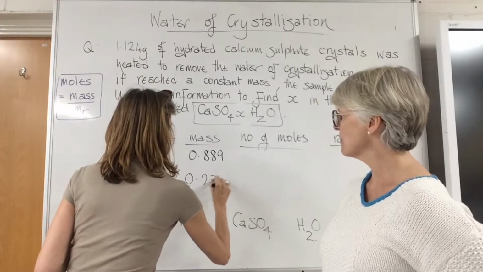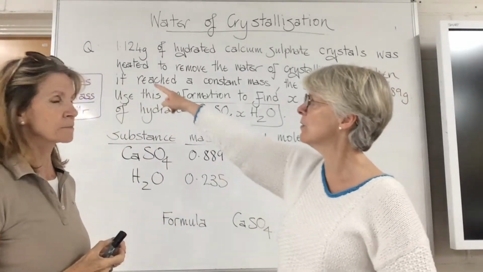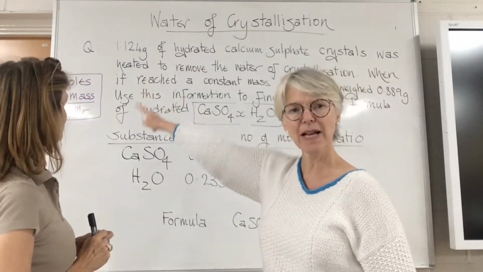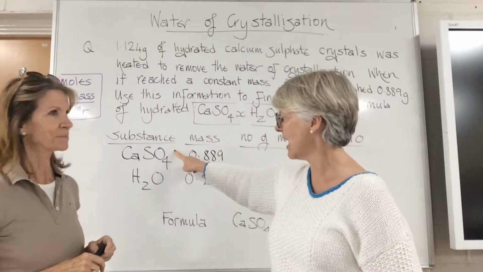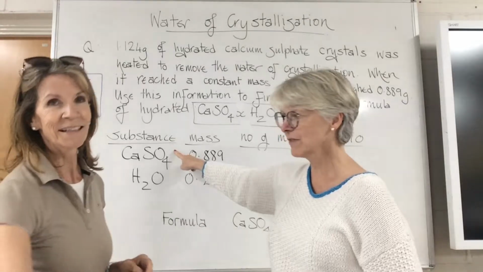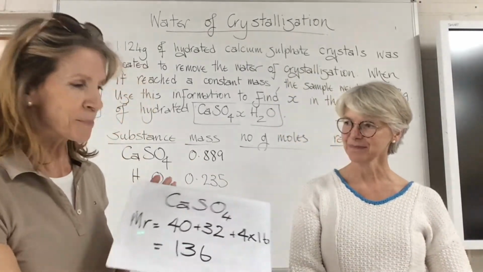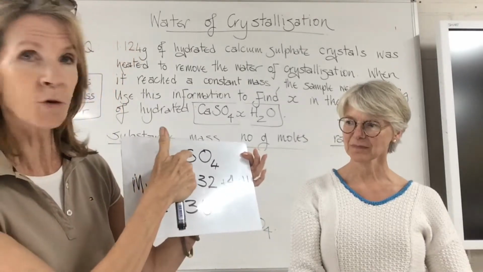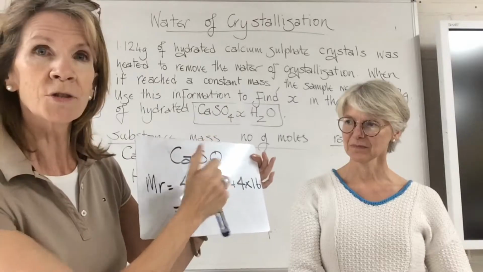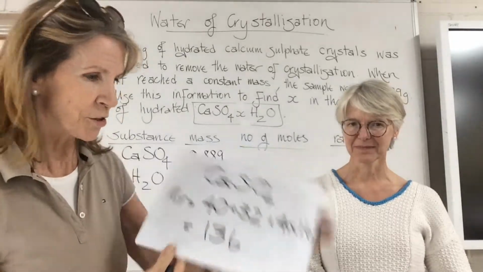So we've got our two masses. We now have to work out the number of moles of each, and we know that moles is the mass divided by the MR. So you need the MR of calcium sulfate. Calcium's 40, sulfur's 32, 4 oxygens is 4 times 16, and that gives you a total of 136.